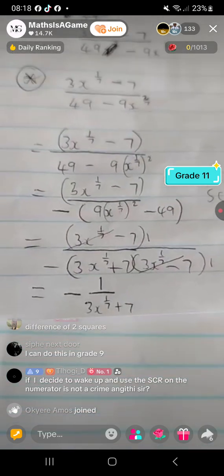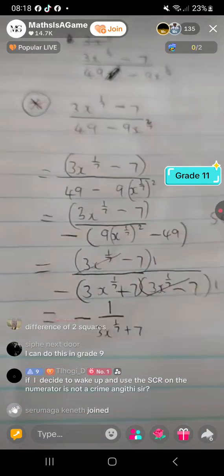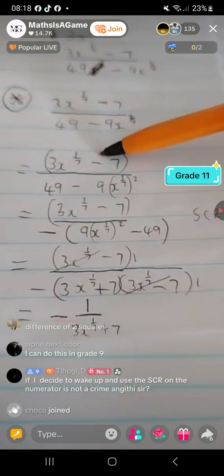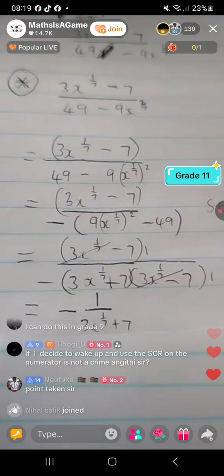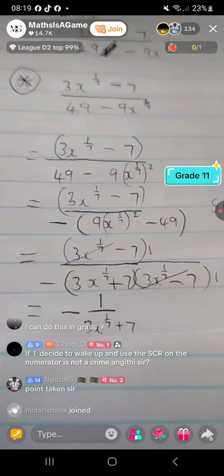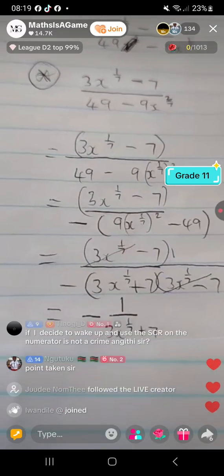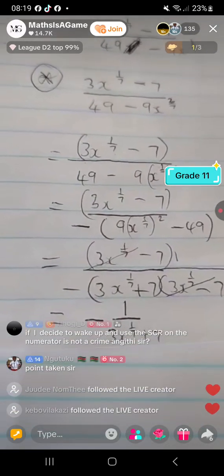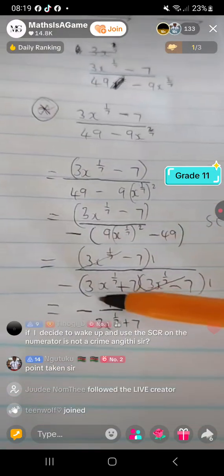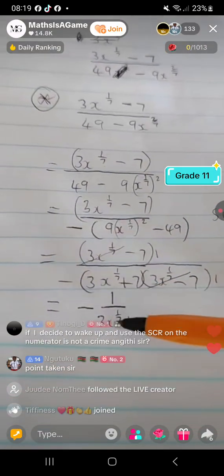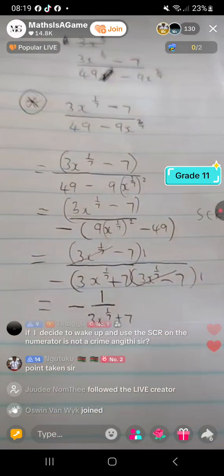If you use the sign change rule in the numerator, it's still going to lead fundamentally to the same answer. I hope this makes sense, guys. So we have a negative 1 over 3 to the power x 1 over 7 plus 7 as our final answer.